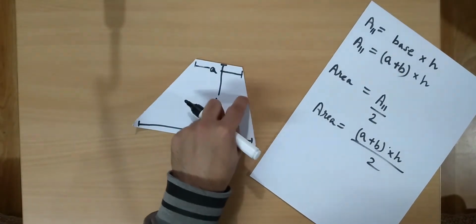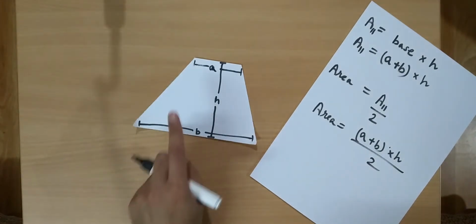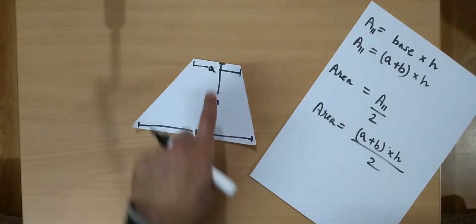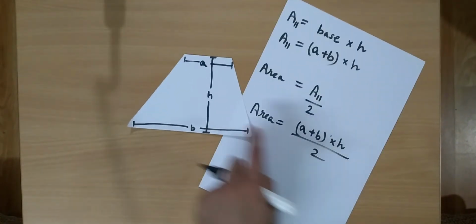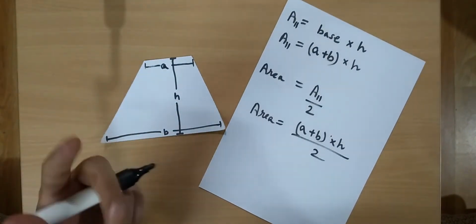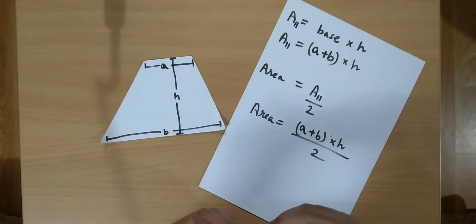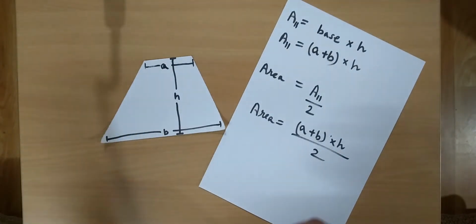I do not care about this side or this side. What I care about is the length of those two parallel sides. If I add those two up, multiply that by h, and divide by 2, I get the area of the trapezium. We'll use that formula whenever we have to find the area of a trapezium. That's it.